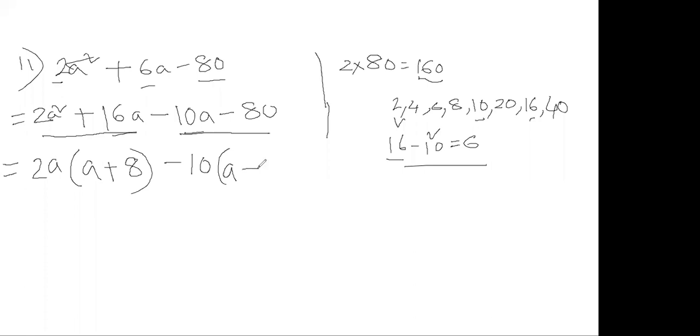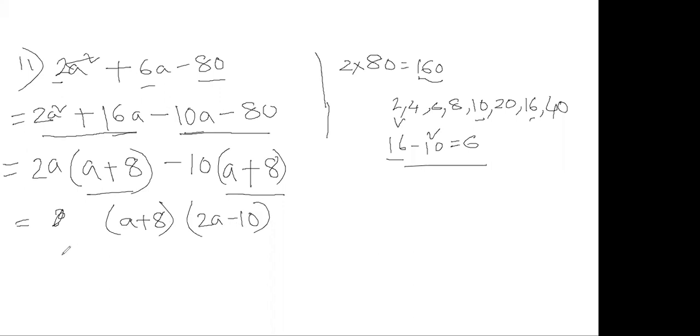Then minus divided by minus is plus. 80 divided by 10 is 8. So finally what do we get? First of all, the common part, a plus 8, a plus 8. So we can write a plus 8, then 2a minus 10.